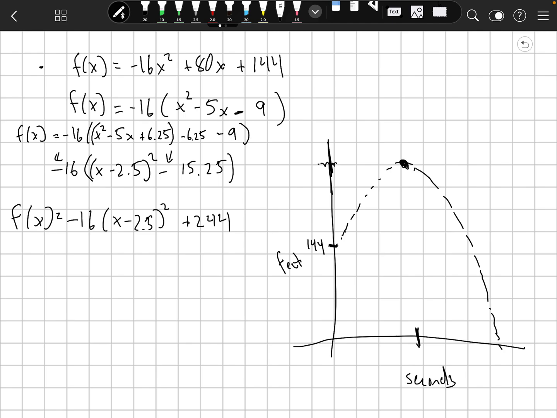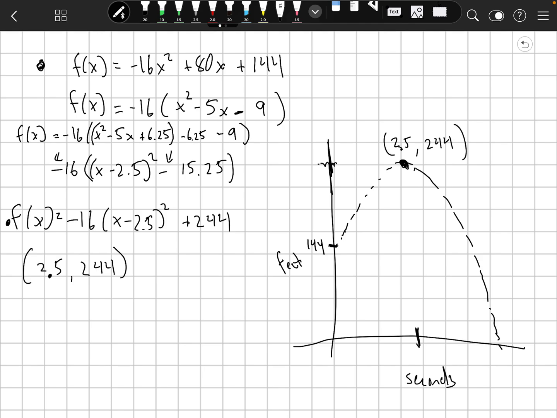This is our function in vertex form. If you plug this in a calculator or that in a calculator, it'd give you the same exact thing. But just looking at this, we've got 2.5, 244 as our maximum point, which is kind of nice. 2.5, 244.